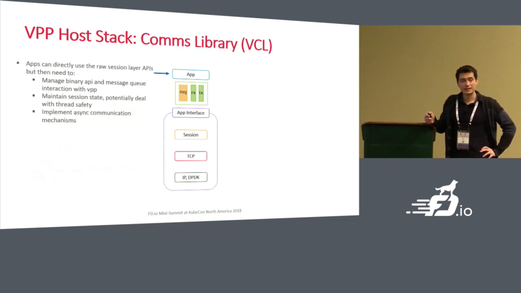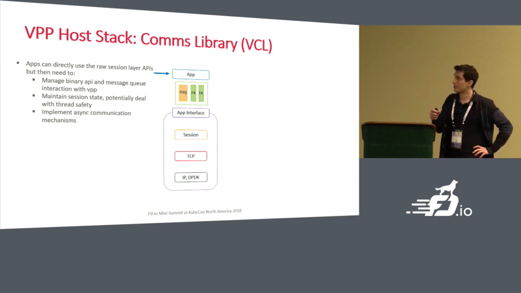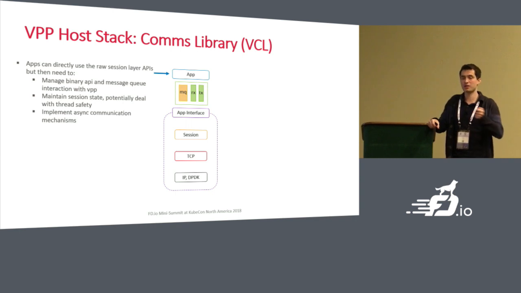So finally, the fourth component of the stack is VCL, or the comms library. The thing to note here is that applications do not necessarily need to use this library. It's just a library that simplifies the life for application developers. And at times, as Tomek will show you in his presentation, it actually makes sense not to use VCL.